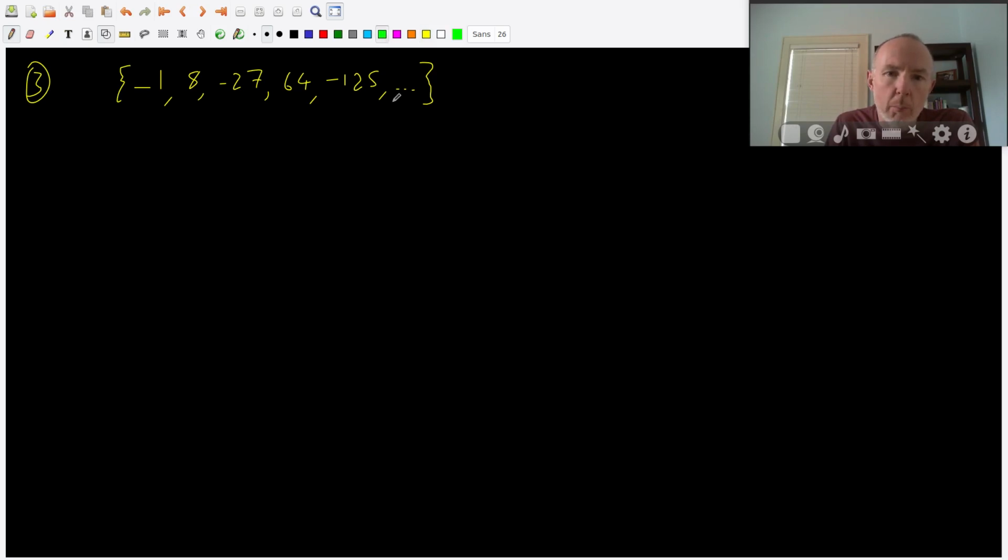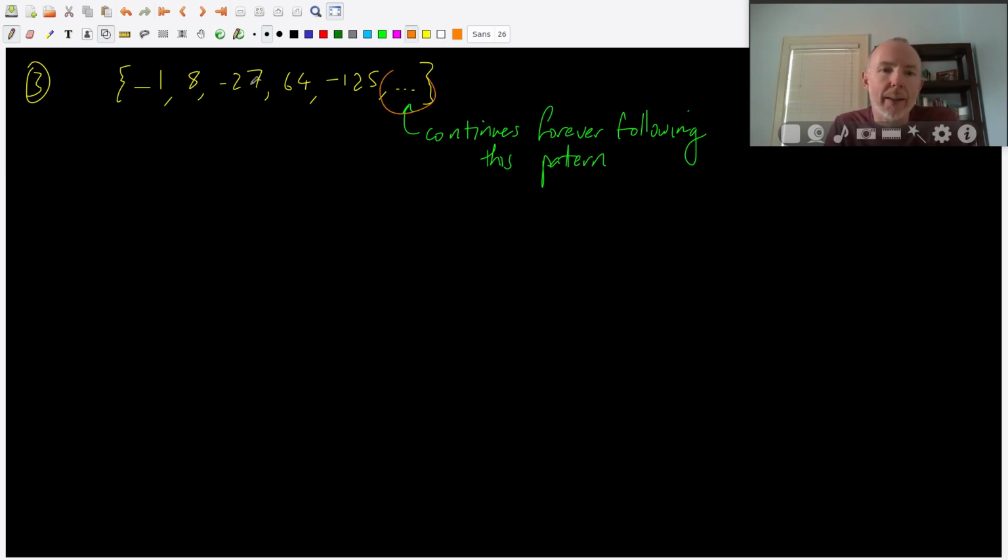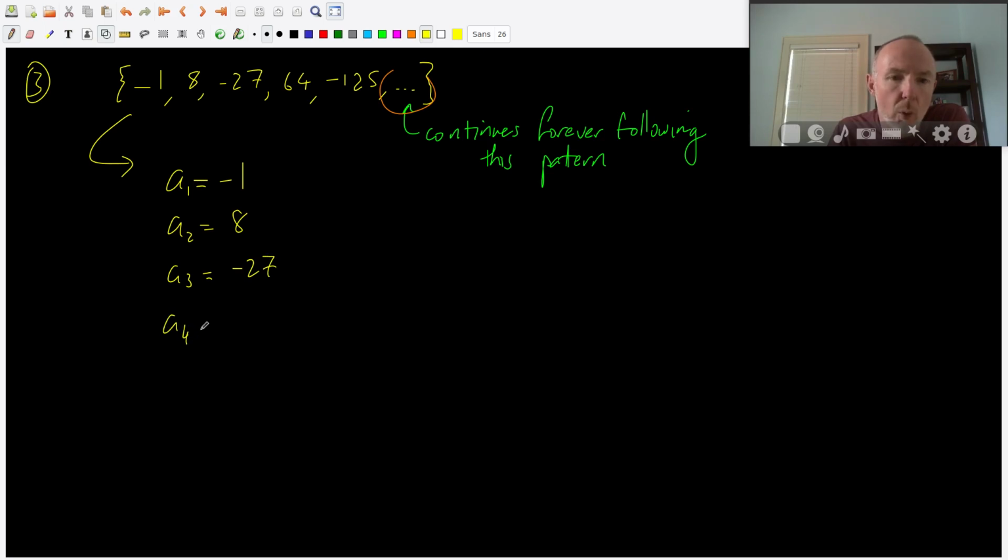And here's another example, and I haven't commented on it so far, but those 3 dots mean that the sequence continues forever, following the pattern that's established by the terms we can see here. If you look at the terms you can see here, we can literally write them out and say, well, let's say A1 is minus 1, and A2 then would be 8. So the third term in the sequence would be minus 27, and the fourth term would be 64, and the fifth term would be minus 125. But we can do better than that, because I notice that 8 is 2 cubed, right?